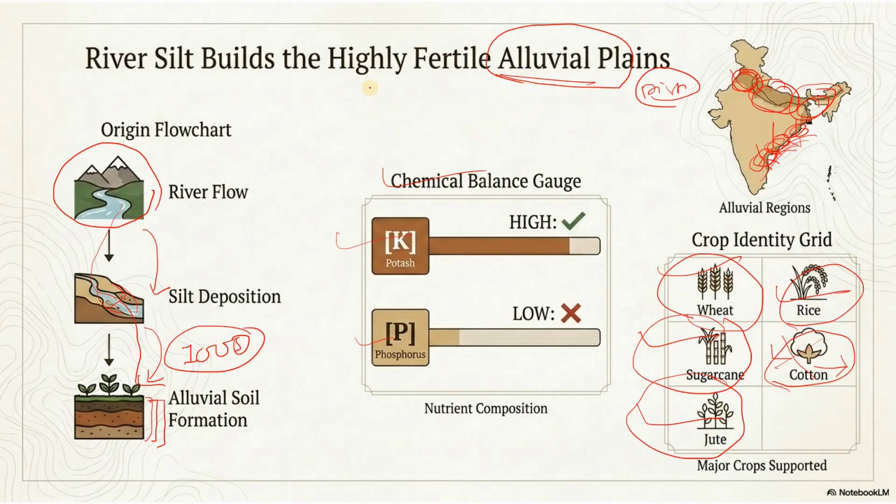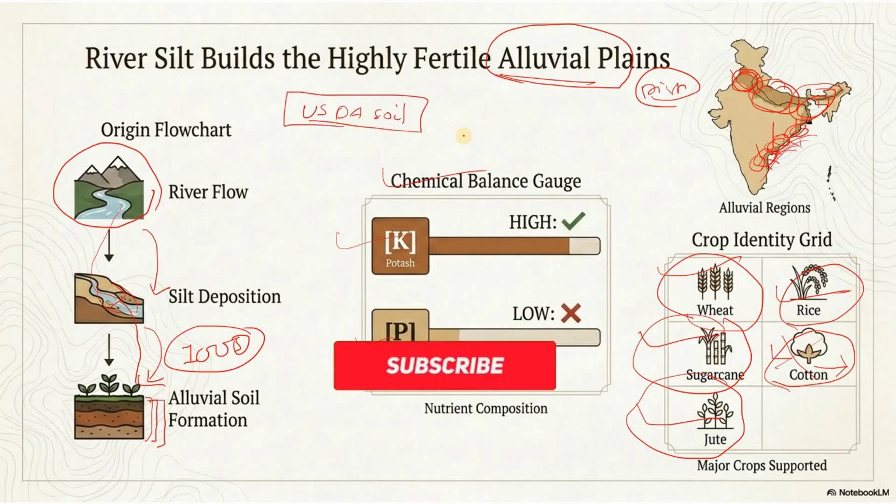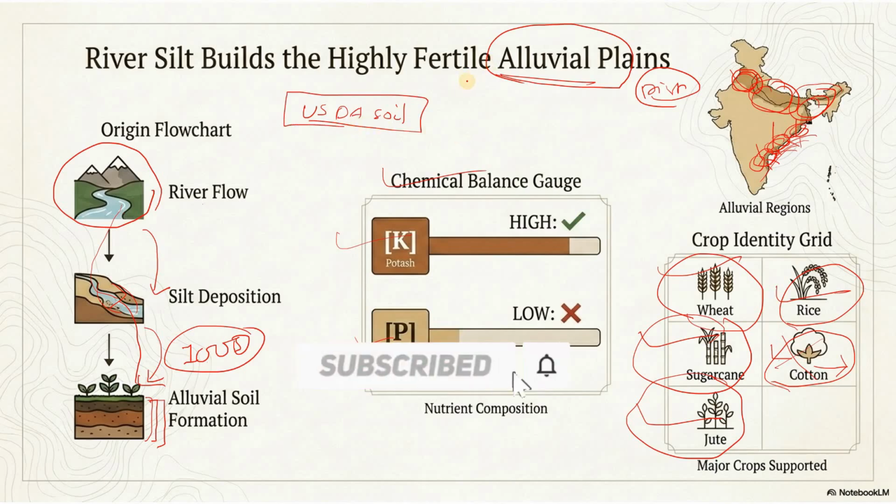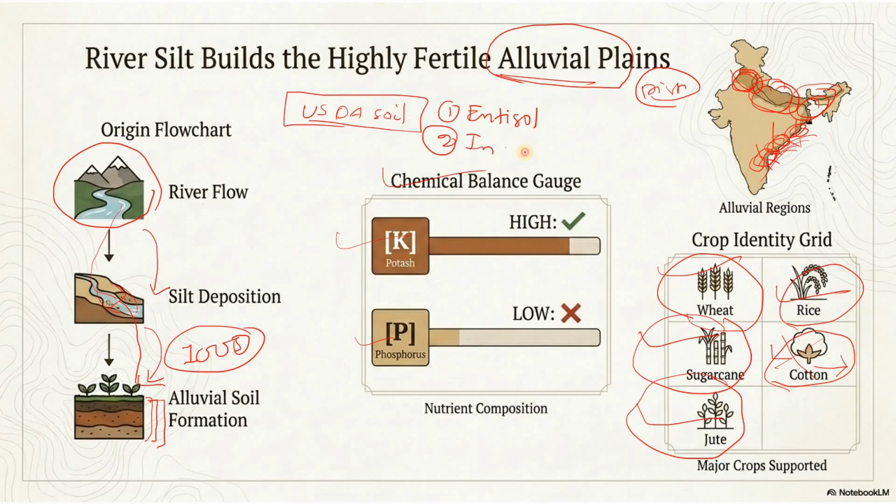Now, as we are discussing it, we should also know what the USDA soil orders are that resemble this alluvial soil of India. One is the Entisol, second is the Inceptisol, and the third is the Alfisol.